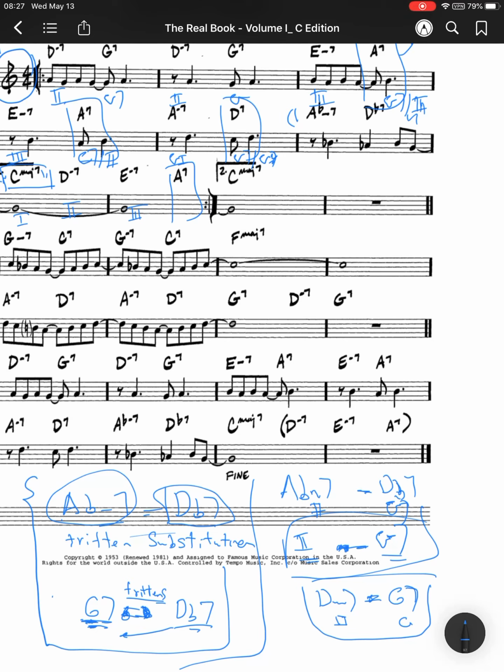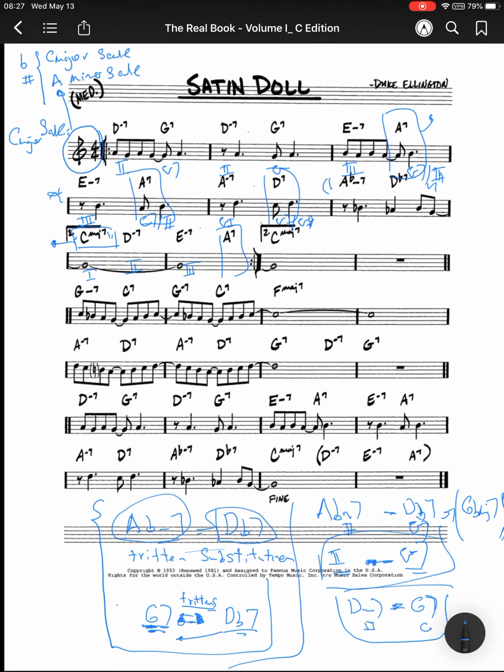G7 is the dominant, and the first chord, which is not obvious right now, is G flat major 7. So that means the 2-5-1.